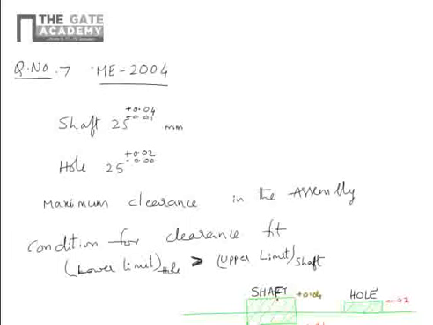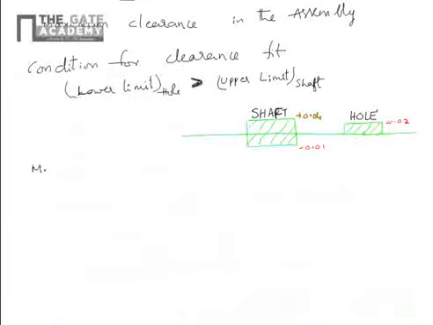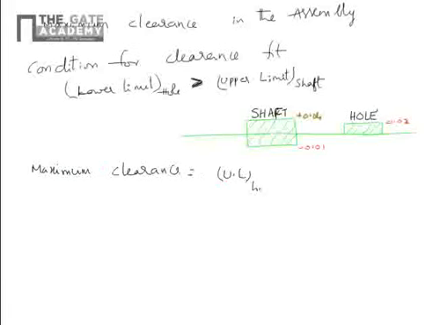So up to here we can take. So maximum clearance equals upper limit of hole minus lower limit of shaft.